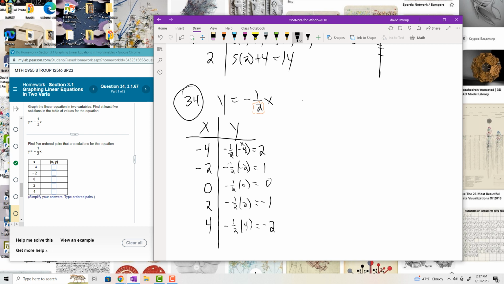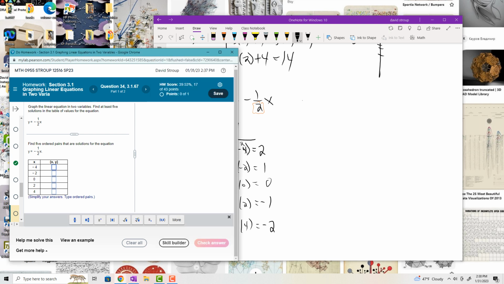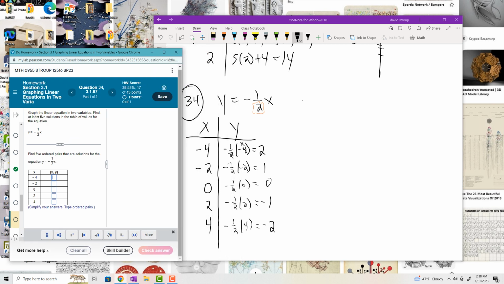Okay. So on my test, it's fine if you just put x, y, and put the x's in the first column, the y's in the second column. But again, in the software, they're going to want you to type what they want you to type, right? So here we're going to be doing ordered pairs. So it's going to be -4, 2. And then I got -2, 1.